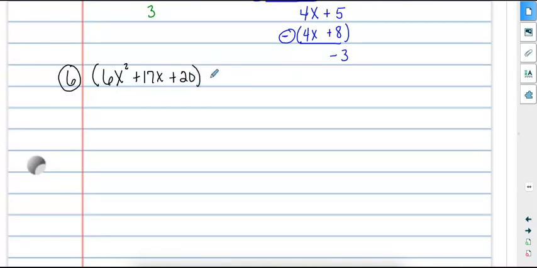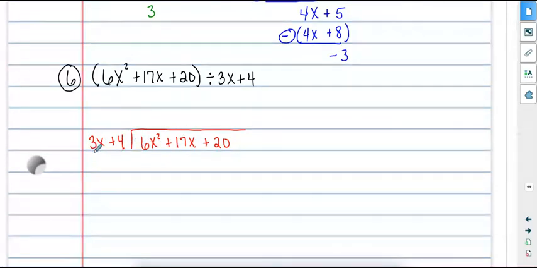And all of that is going to be divided by 3x plus 4. Okay, so 6x squared, this goes inside, right? Plus 17x plus 20. And all of that divided by 3x plus 4.